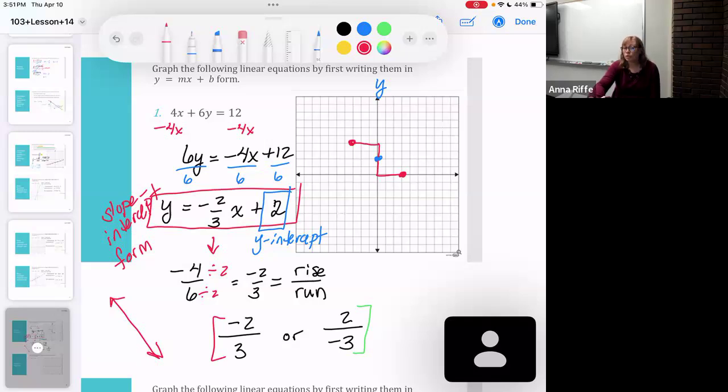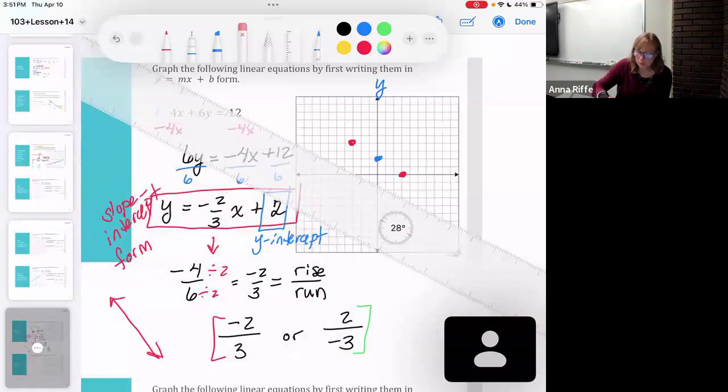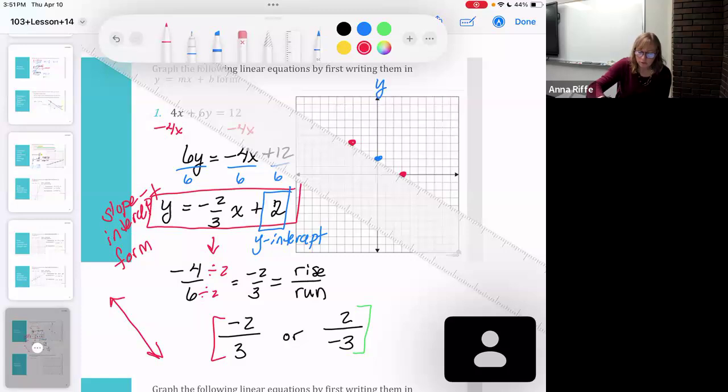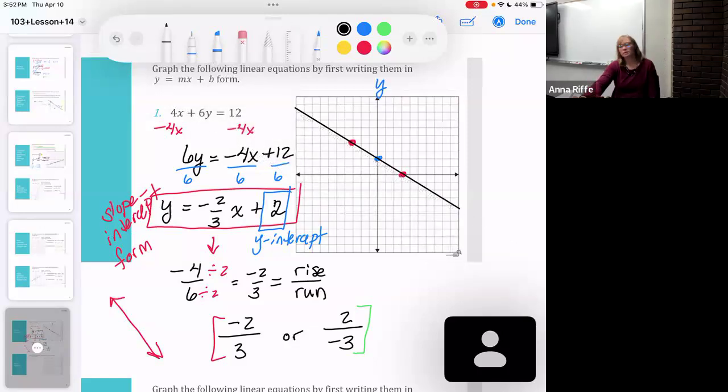And we can note that both of these points lie on exactly the same line. The first two points make the same line as the second two points. So either way that we choose that slope, we should get the same graph. And I can connect the points on that graph with a line. And there it is. There's the graph of my line.